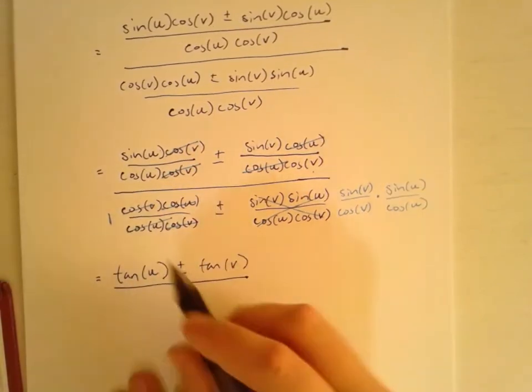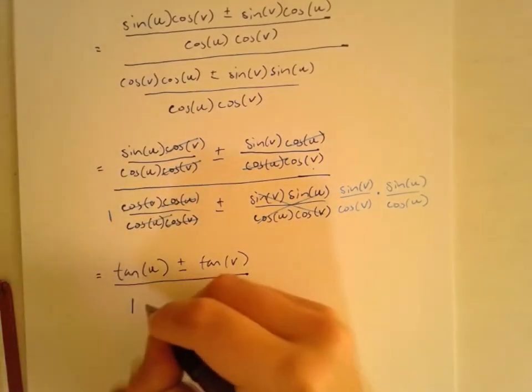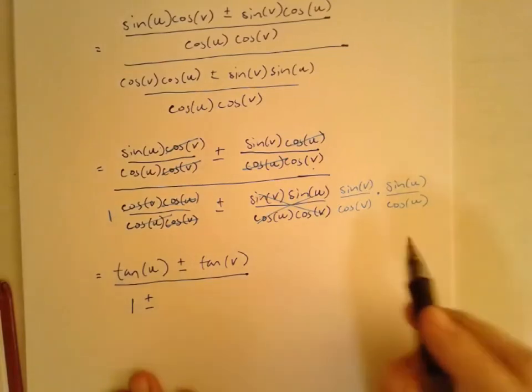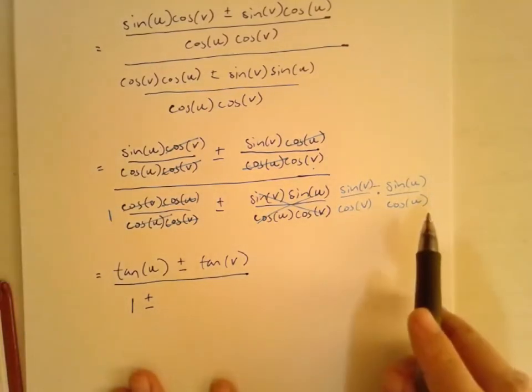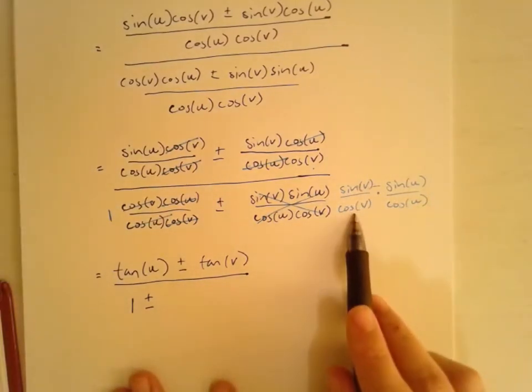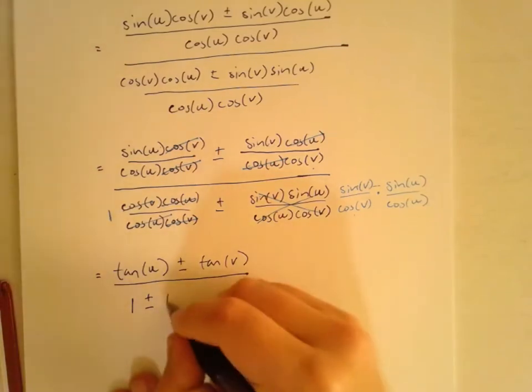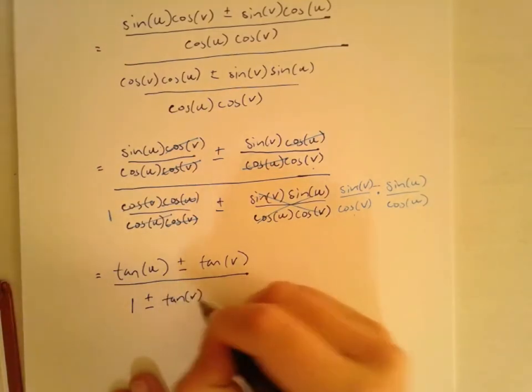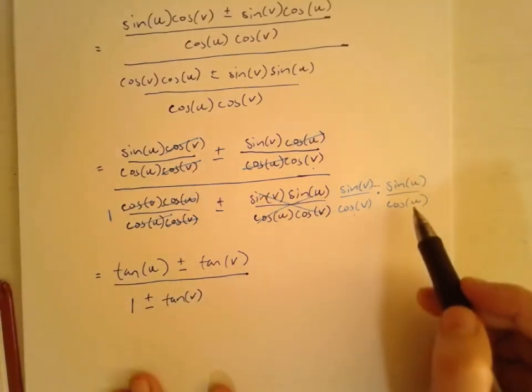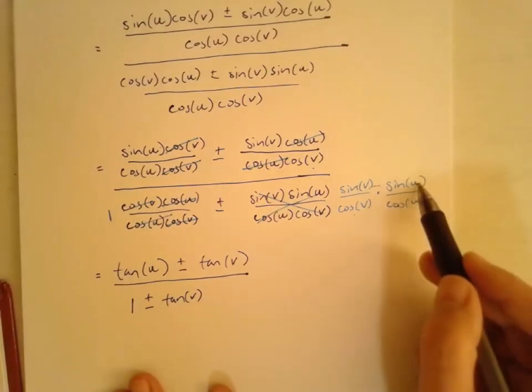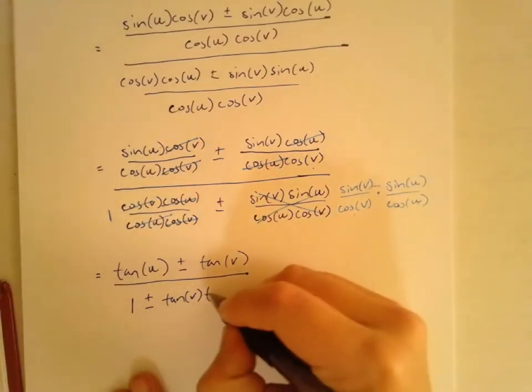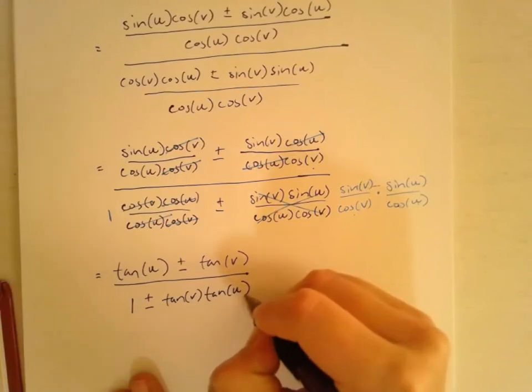And on the bottom, on the left, I have 1, and I have plus or minus. And then I have these two fractions we wrote up before, right? Sine v over cosine v. That, again, is going to be tangent v. Times, over here, sine over cosine, but the argument is u. That's going to be tangent of u.